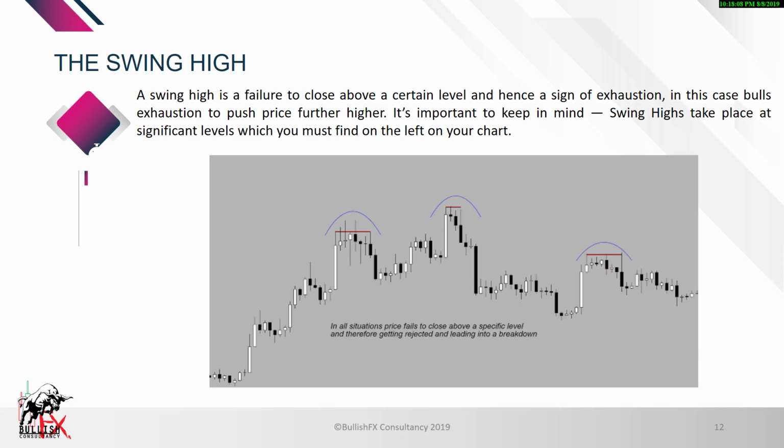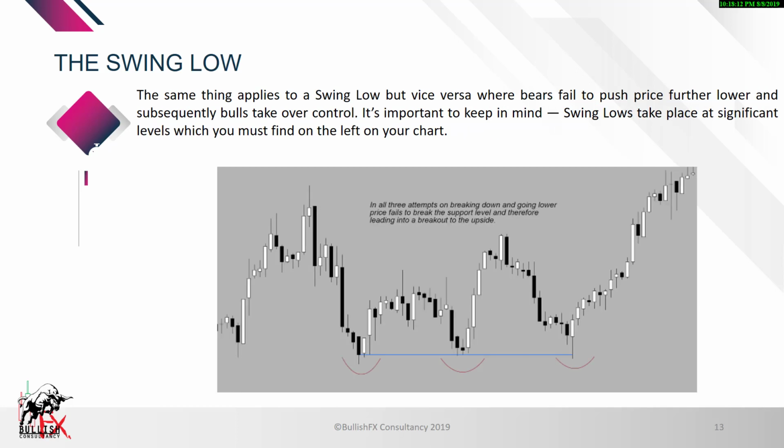Now let's look at a swing low. When you look at a swing low, the opposite applies. You see, if this candle here had closed below the blue line, then this whole structure is now violated. Market will, in most cases, tumble to the downside.